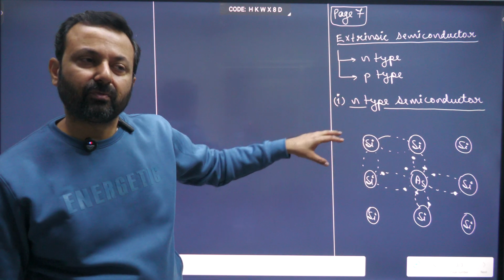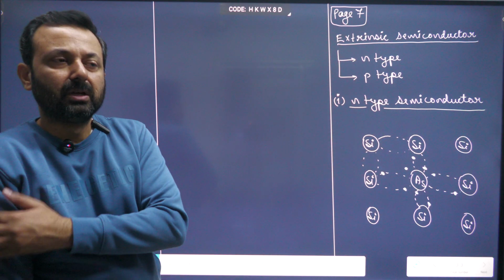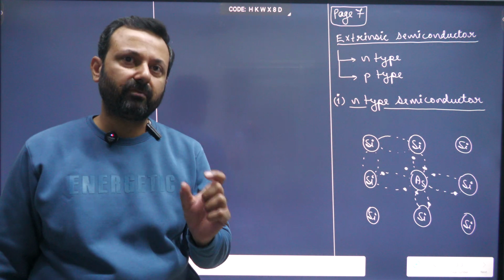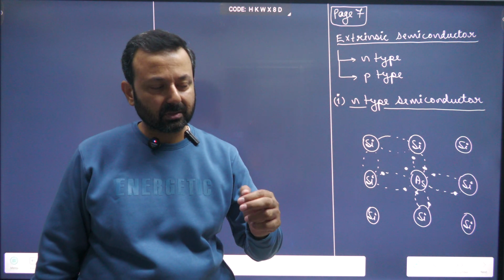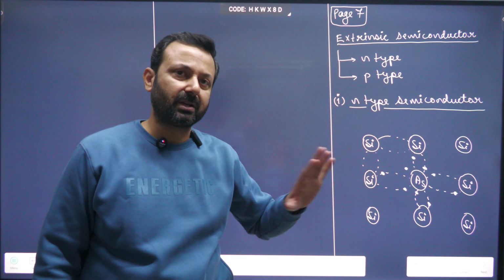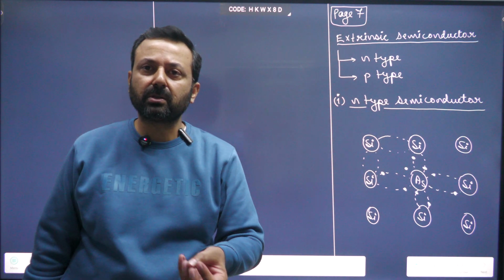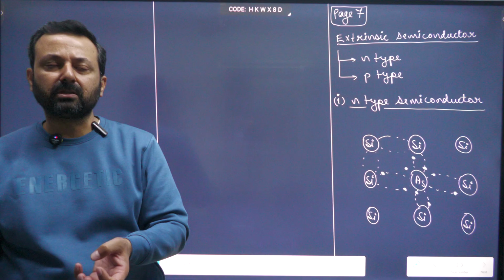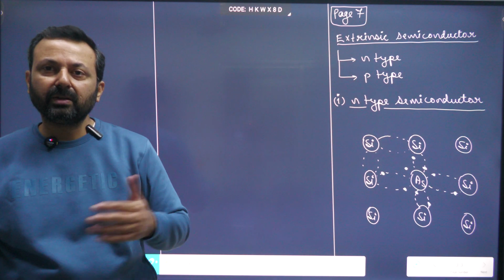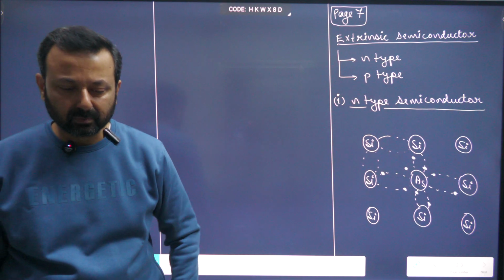Similarly, another lattice will have another free electron. We don't have so many free electrons, but yes, we have some. So the silicon crystal lattice has a little bit of conductivity, and this arsenic is contributing a few more electrons which are free to move, and the free moving electrons increase its conductivity. Is this clear to you?